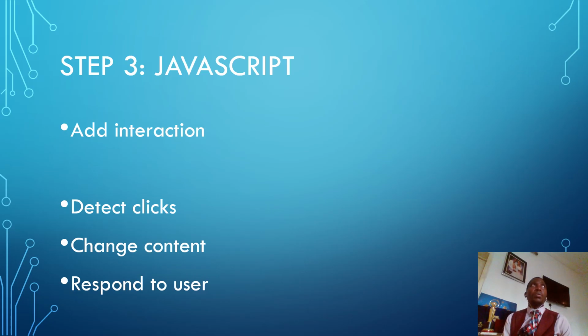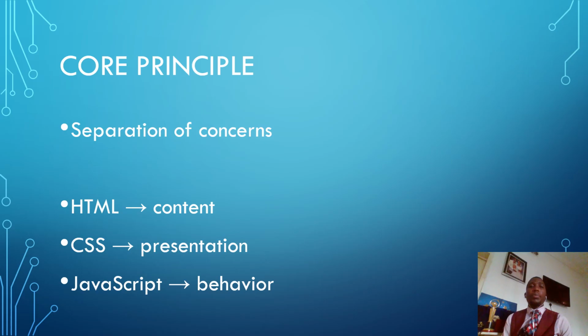It will be boring if all you see is just a singular thing. So JavaScript enables a change. When a user is interacting with a web page, it gives it response.